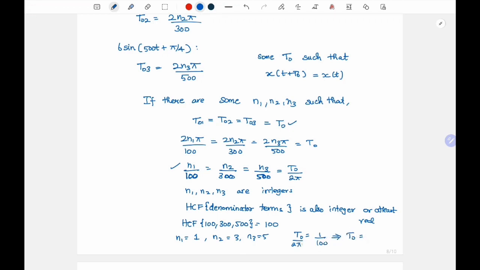So t naught itself is 2 pi by 100. And in general, it can be 1 into n, 3 into n, 5 into n. So this will be n by 100. So this will be 2 pi n by 100. And the minimum, the fundamental t naught, is 2 pi by 100 for n equal to 1.